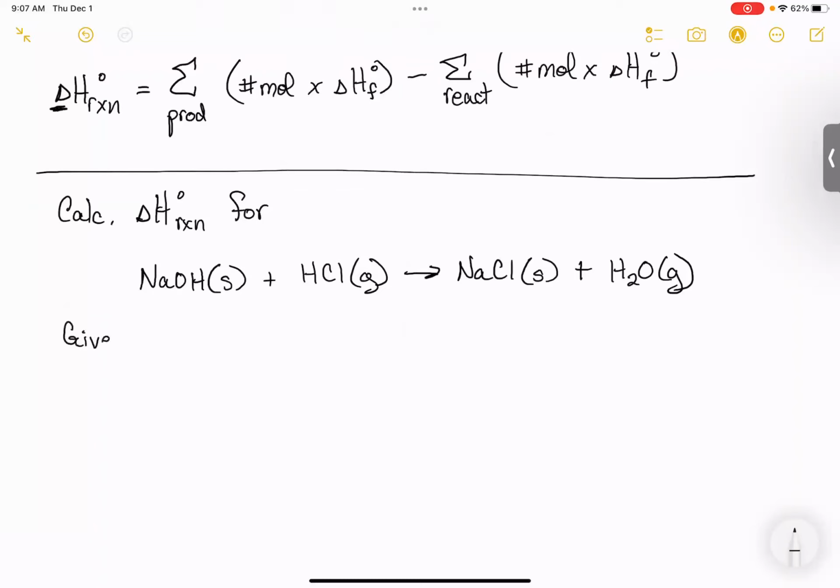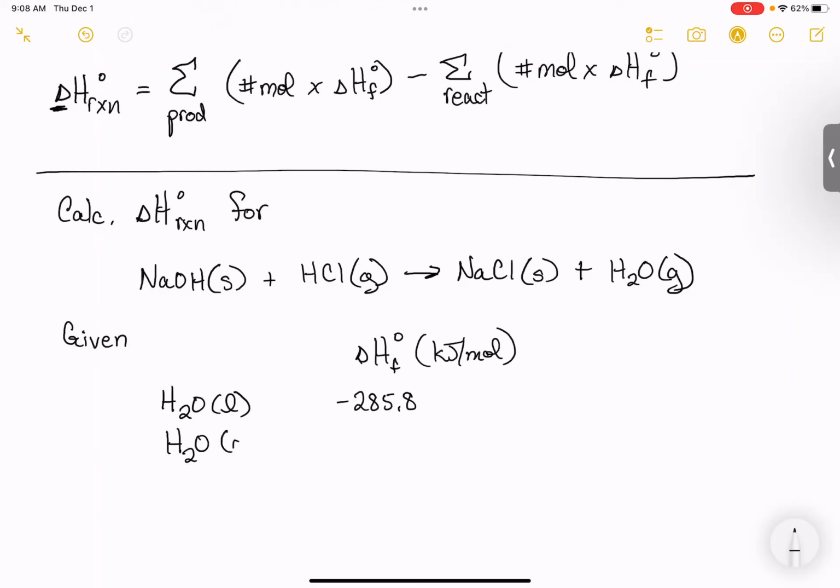Given that H2O liquid has an enthalpy of formation equal to negative 285.8 kilojoules per mole. H2O gas has an enthalpy of formation of negative 241.8 kilojoules per mole.